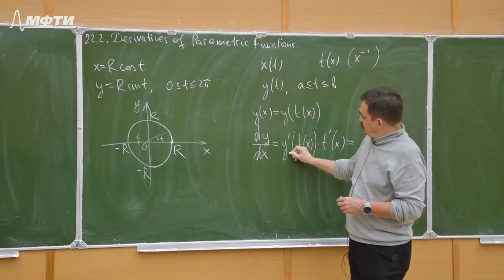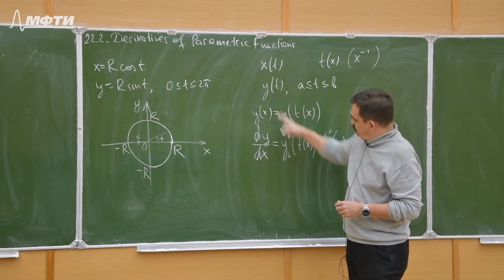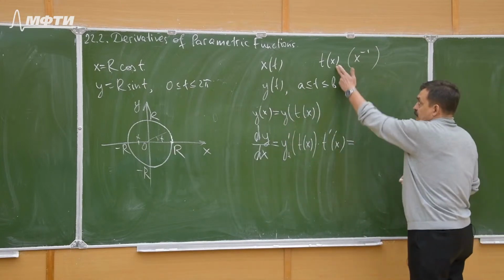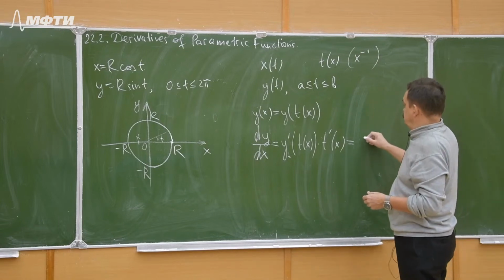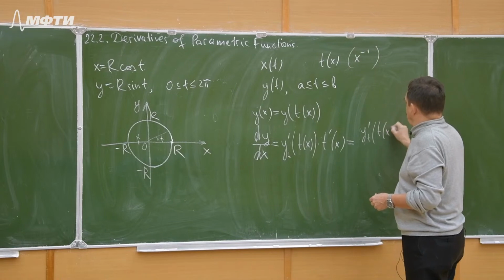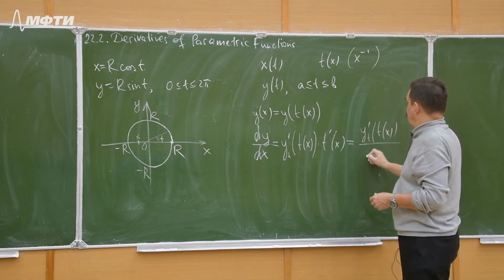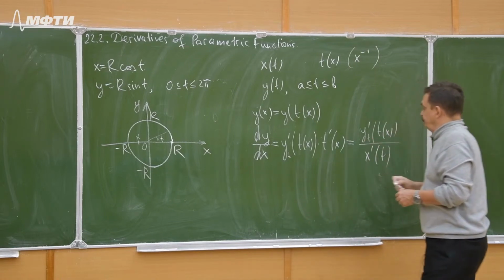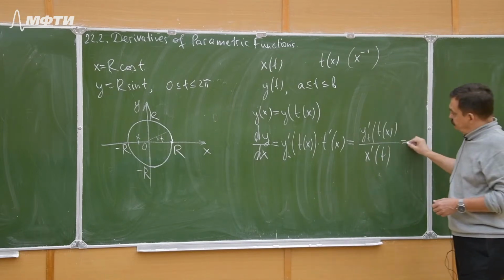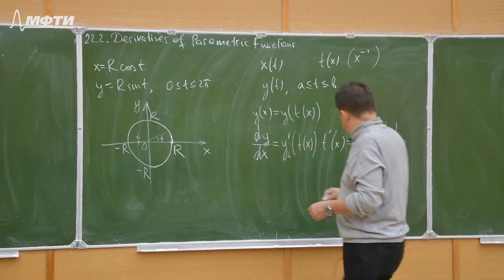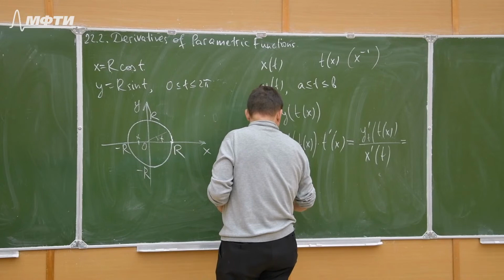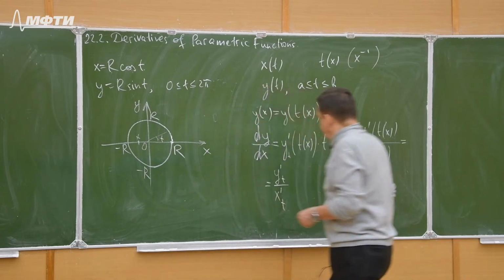The y derivative is with respect to t, let me indicate here, and t prime of the inverse function is equal to, so I may rewrite like that, one over x prime at t. And if we forget about this argument x, we can write down the formula like that.